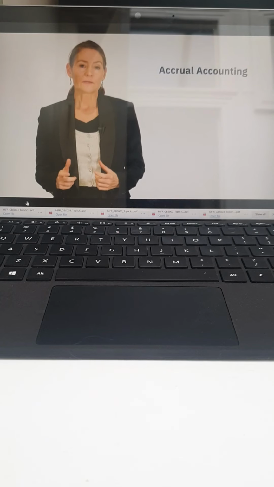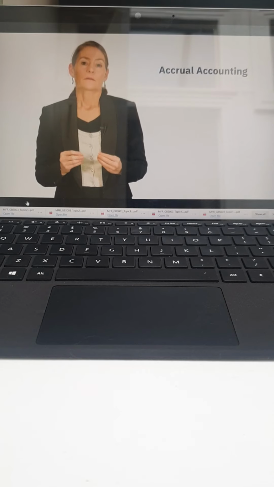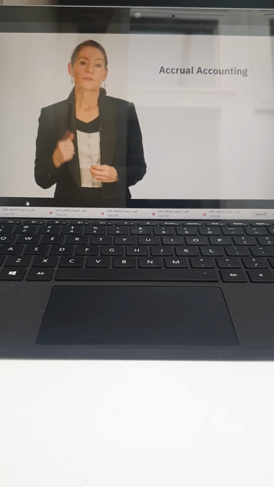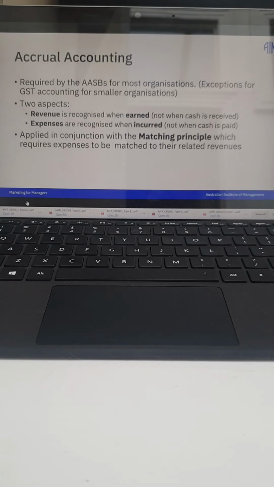Before we examine those, accruals is really an issue of when we're going to record items into revenues and when we record them into expenses. So that issue of timing, and it arises in a situation when we make payment in a different time frame to when we incur expense, or when we earn revenue in a different time frame to when we receive the cash for that revenue. This is when accruals come into being.